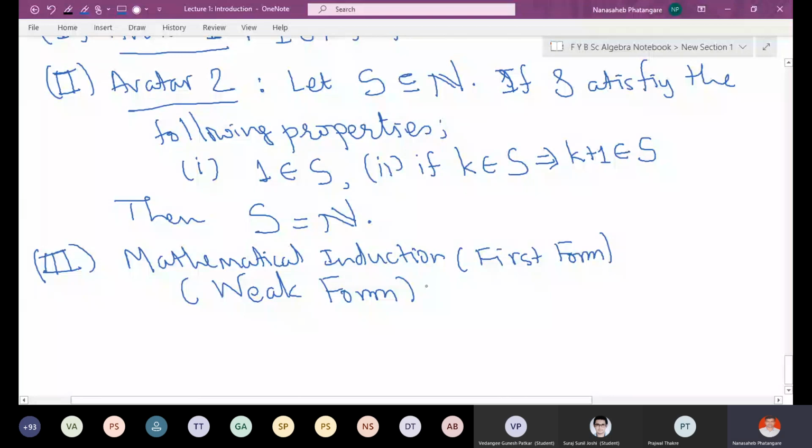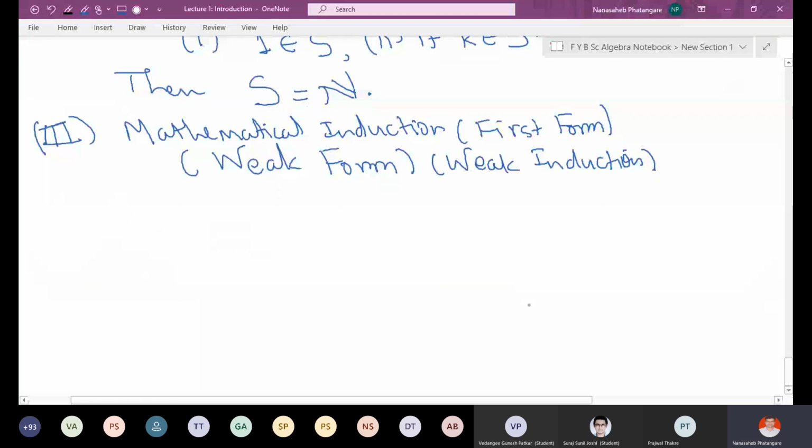These are different words used for the same thing, weak induction. And how is this weak induction useful for us in mathematics? Weak induction is useful in mathematics to prove some results which are easy to prove if you apply induction. And induction is useful because of the inductive property of natural numbers.